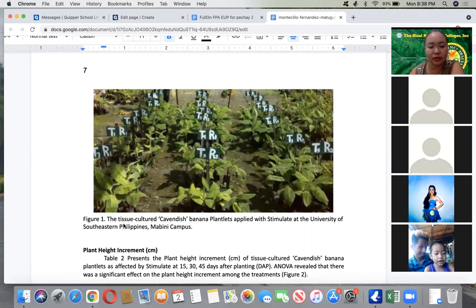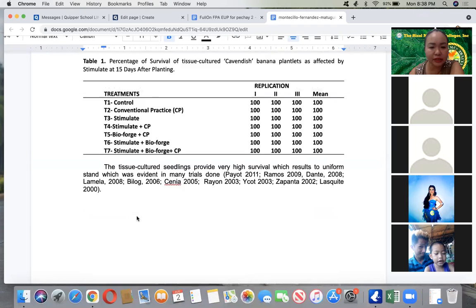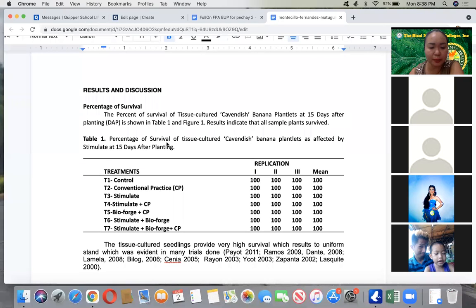The tissue culture Cavendish banana plantlets were applied with stimulate at the University of Southeastern Philippines, and we have table 1, the percentage of survival as affected by stimulate at 15 days after planting. So you present that. Your first sentence is presentation and discussion.